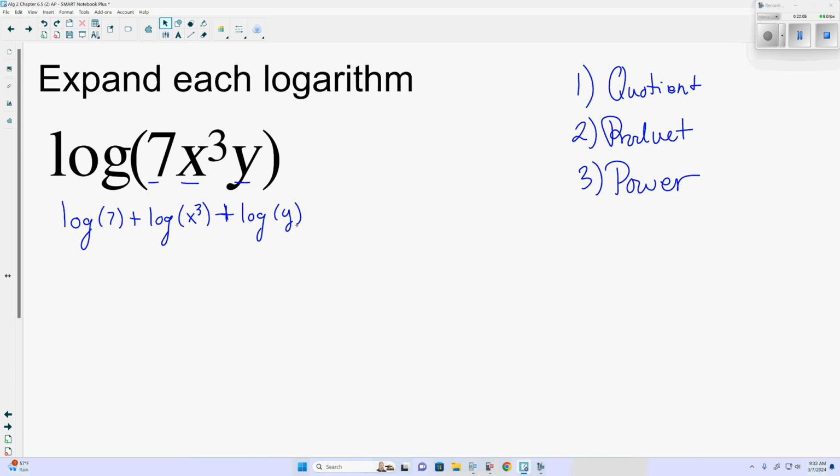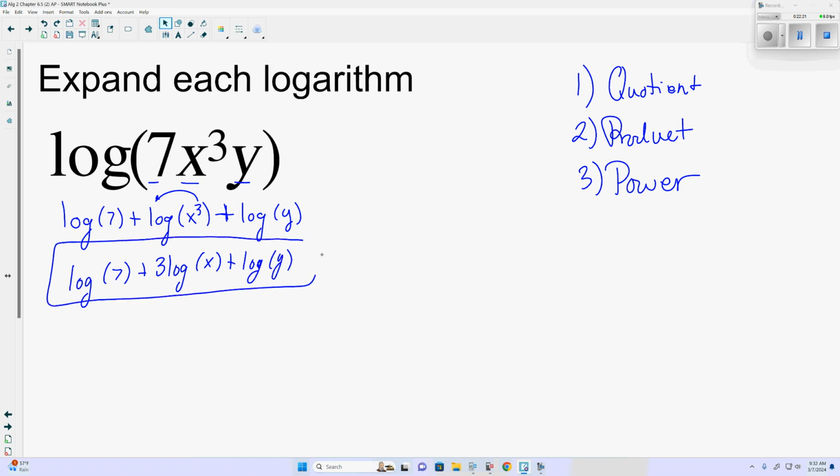And the only one with a power and exponent is the middle. So we move it to the front, telling us that we have log of 7 plus 3 log of x plus log of y. That's it. Questions on this here?